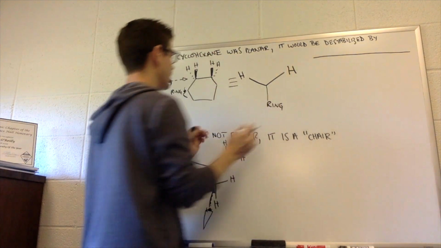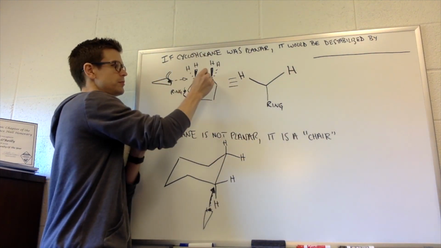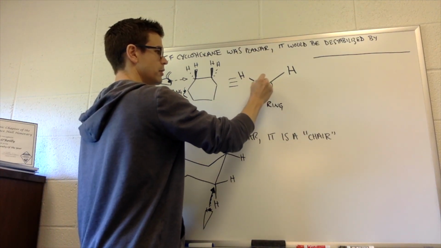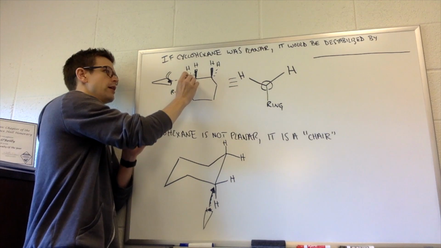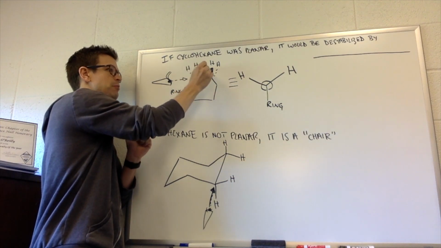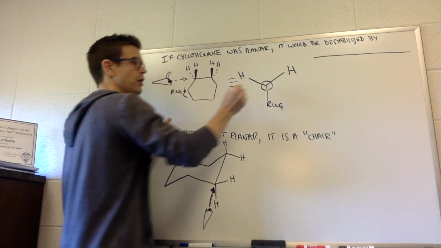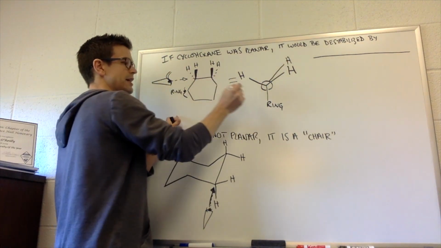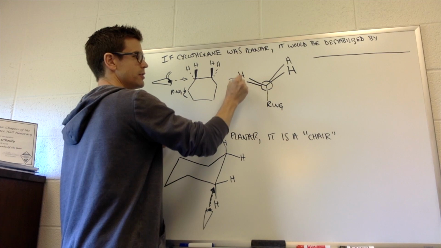So that is this front carbon here. The back carbon is connected by this bond. And we know that this wedge is in the same plane as this wedge, so these hydrogens are going to be eclipsing one another, and we could say the same thing about these dash bonds.